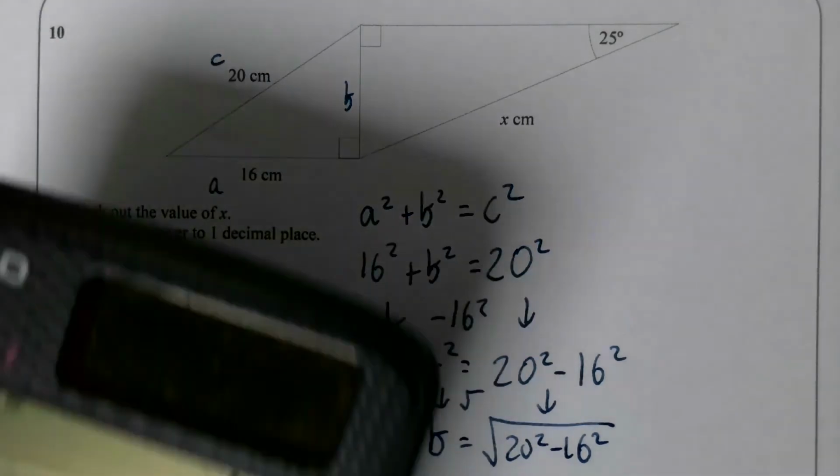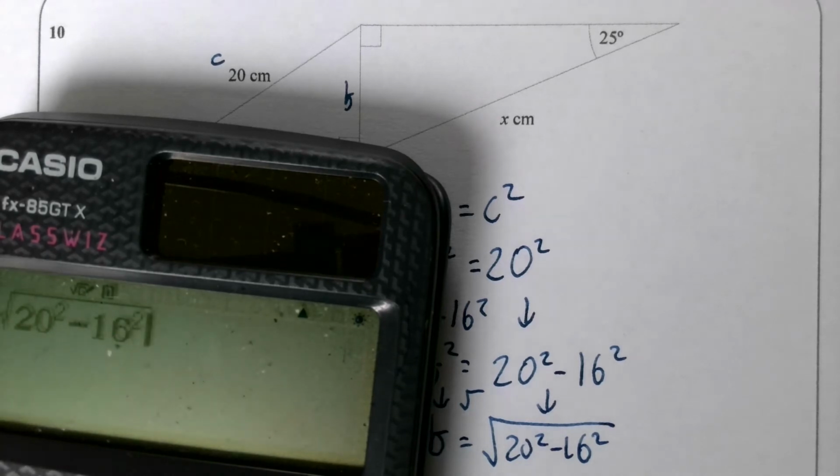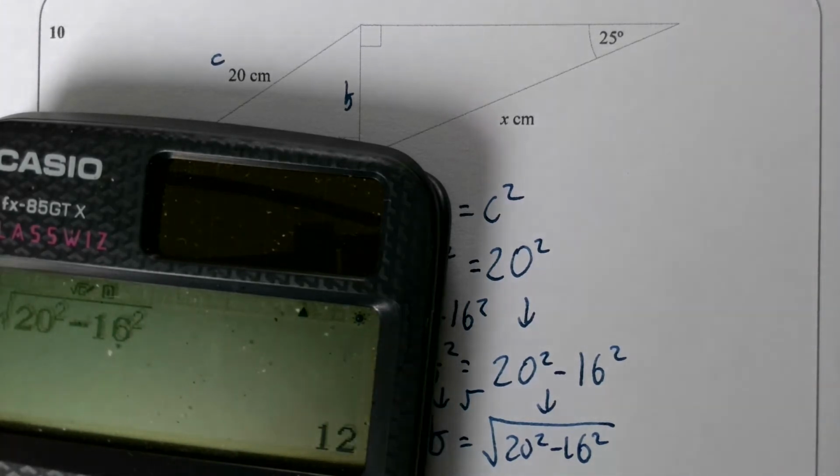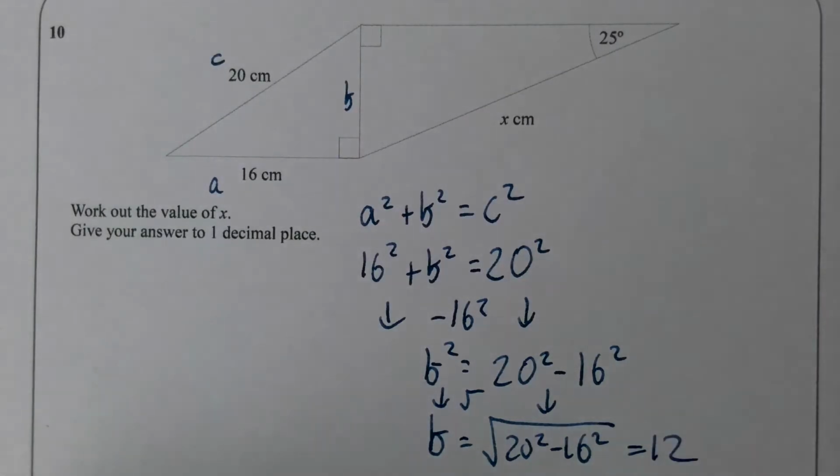Put that into your calculator, and it actually gives you exactly 12. So it's always worth checking that rather than having to work with that all the time.